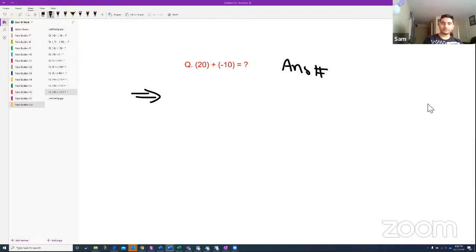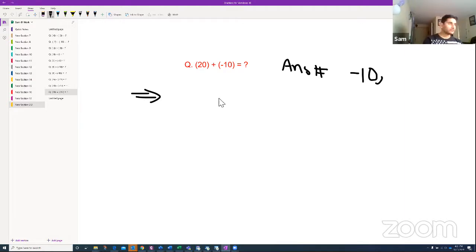Okay, do we have any answer? No? Okay, let's work on these. It would be negative 10. Negative 10. Okay, another answer. Do we agree with the same one or do we have a different answer?